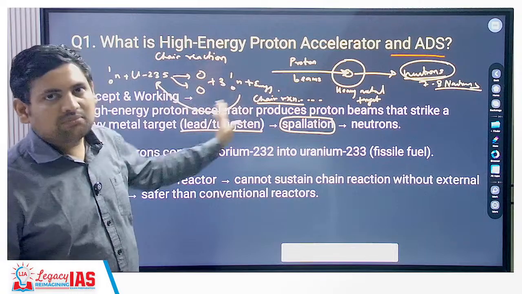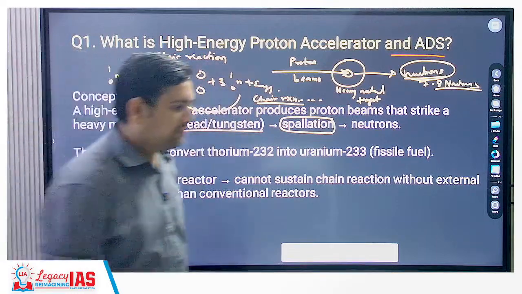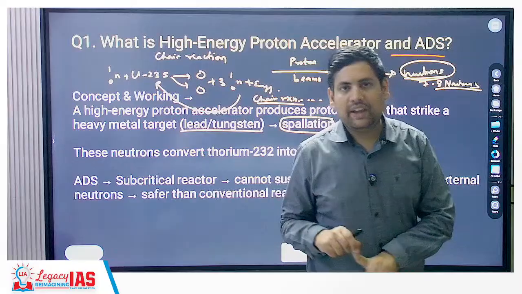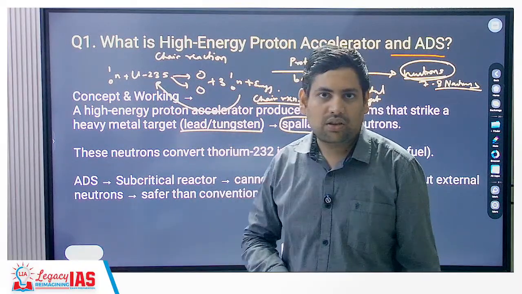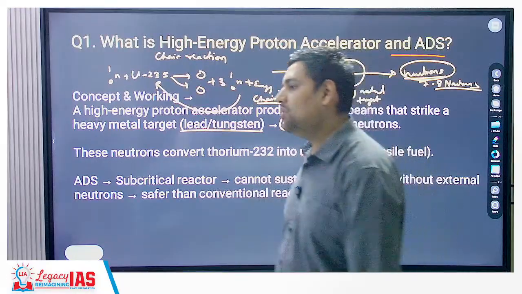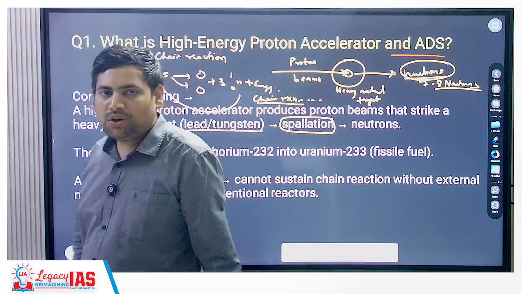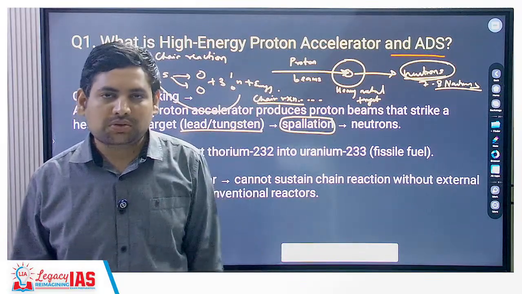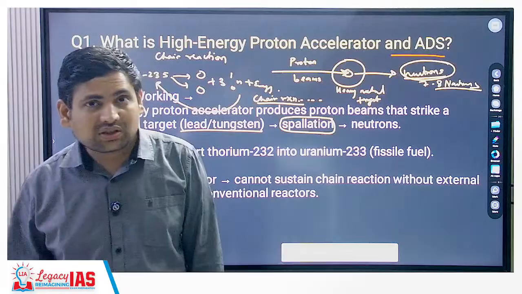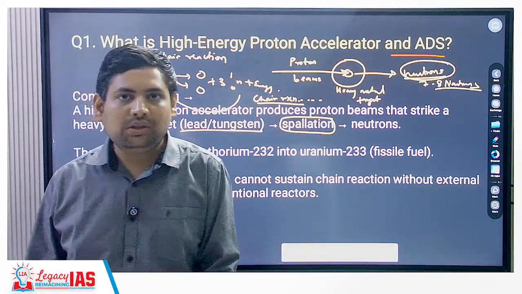Nuclear bombs as well as nuclear energy follow the same process of chain reaction. The only difference is that in a bomb, the amount of uranium-235 is very high and you don't try to stop the chain reaction, but the process is the same. So there is always an element of risk.